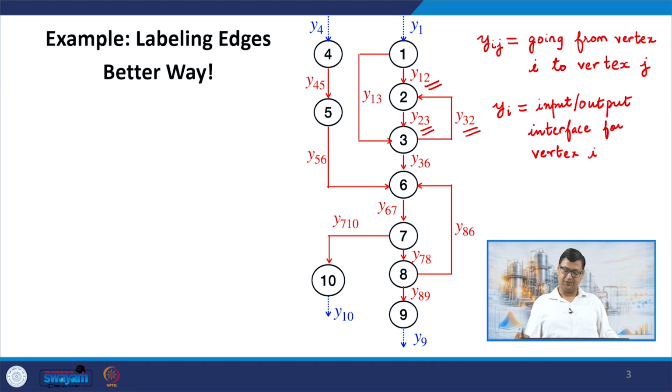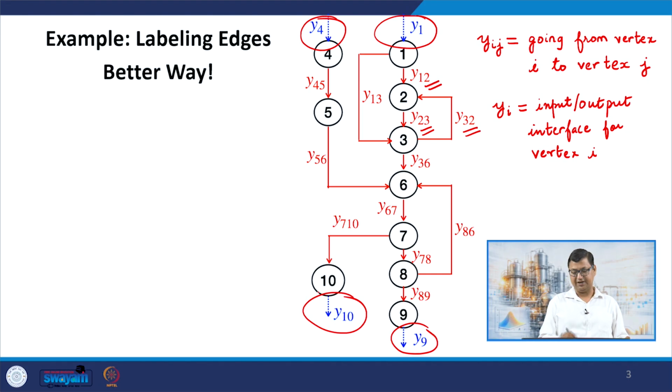In this case we have two input interfaces. For vertex 1 we have the edge y1 corresponding to the input, and for vertex 4 we have edge y4 as the input, and similarly we have two output interfaces, y9 from vertex 9 and y10 from vertex 10.